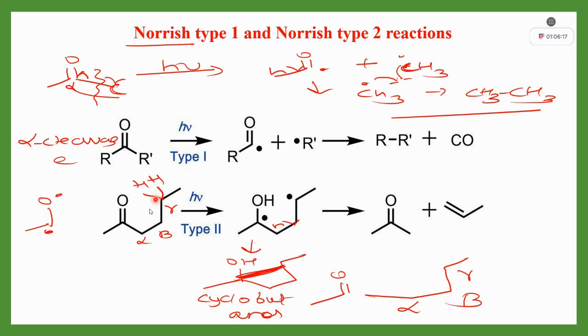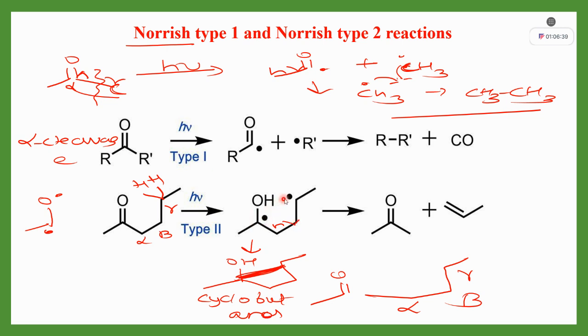Got it? In Norrish type 2 reaction, gamma hydrogen abstraction takes place. Alpha, beta, gamma. So gamma hydrogen is there. First draw the radical here. This O radical will take this H dot and form an alcohol. Now, these can isomerize in two ways.